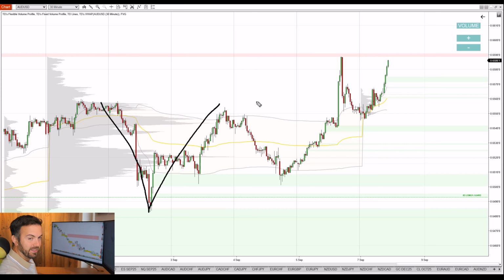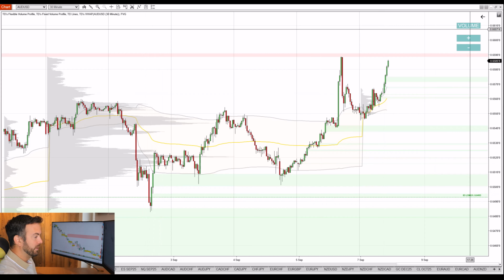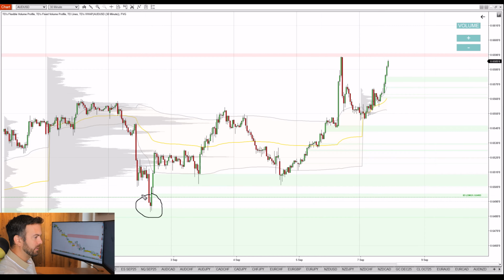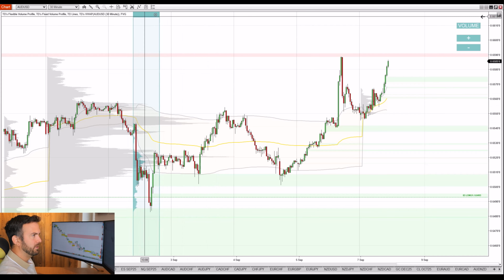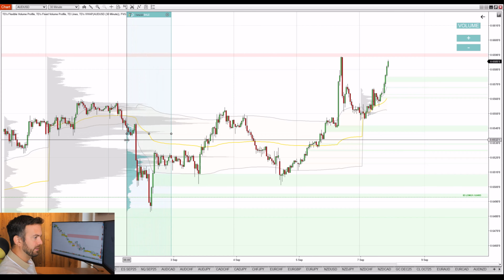Now, the next thing that we want to see there is a volume bump somewhere within that rejection. It should be somewhere close to the place where the price turned, right? So somewhere in here. So let me use the volume profile. It doesn't really matter if you use it like this or like this or like this.